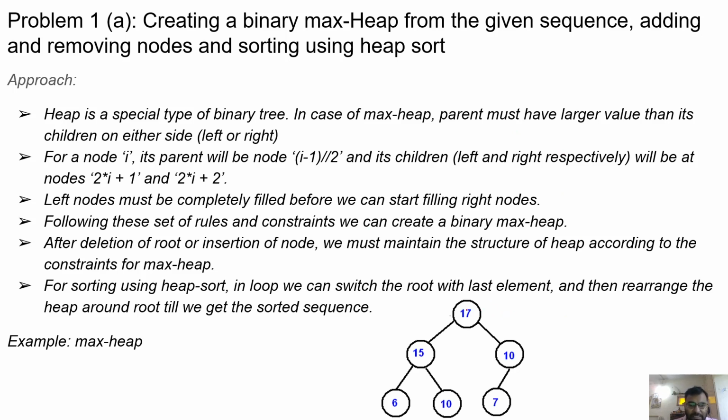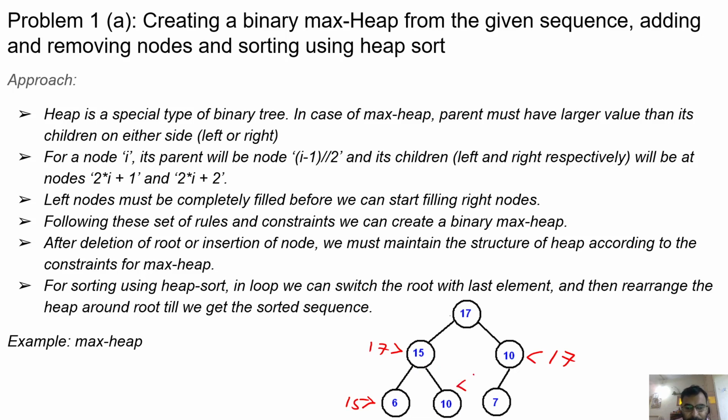It has two children, 15 and 10, and the values of these two children are lesser than 17. Whereas the children of 15 have values lesser than their parent, which is 15.